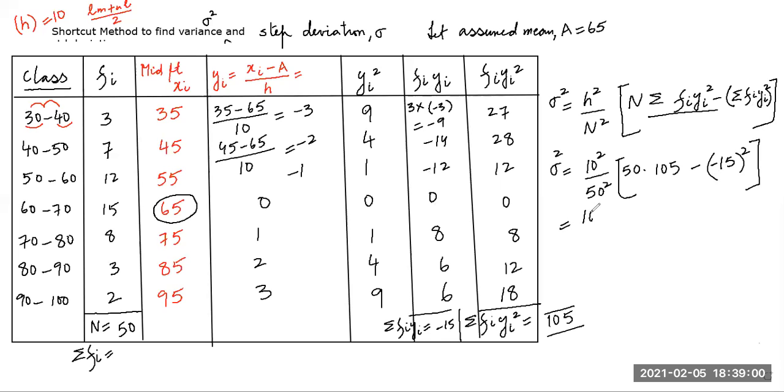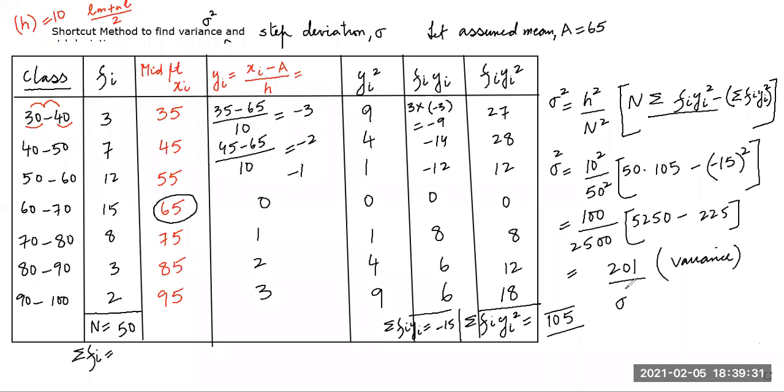So this is 100 divided by 2500. So this is 5250, and this is minus 15 square, which is 225. Very right, students. So you solve this, you will get sigma square, that is variance, equal to 201. You got the first answer. Once you got the variance, you can easily find the standard deviation.